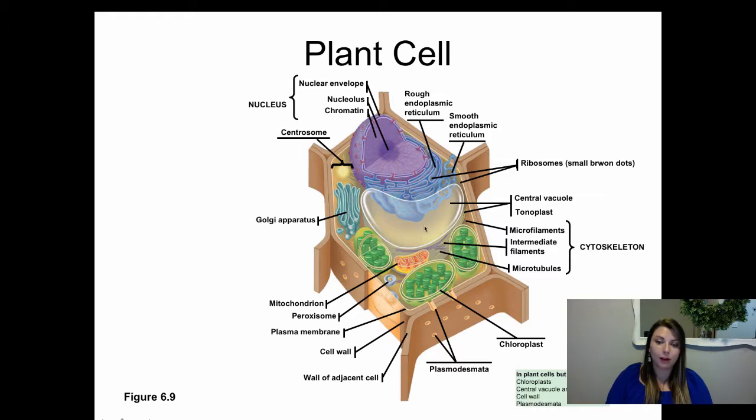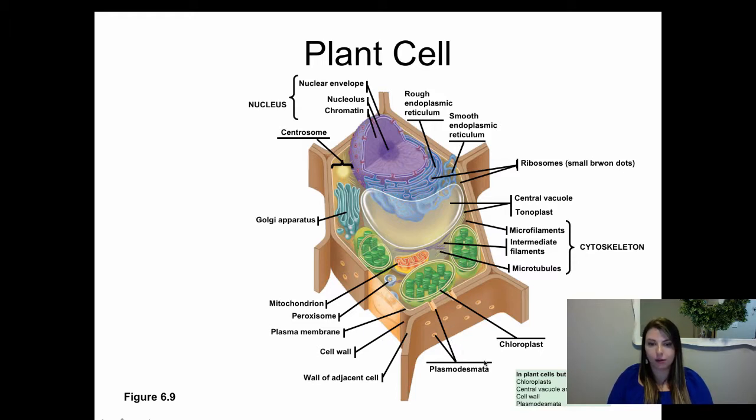Plant cells also have a central vacuole, and this holds a lot of their organic compounds, as well as a lot of water, and the central vacuole actually takes up most of the space in this cell. Plant cells will also have chloroplasts, which will help them in the process of photosynthesis and making their own food.